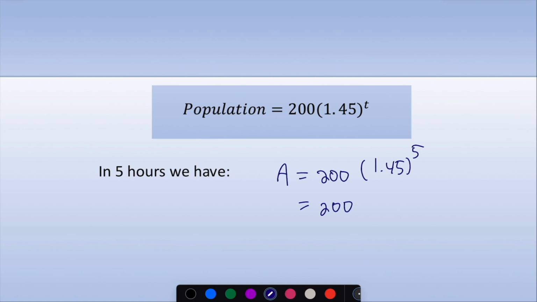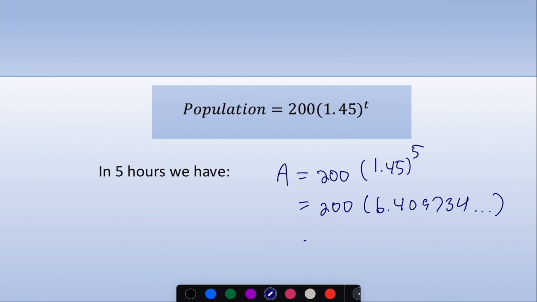So what I would do is I would leave that calculation in the calculator, because my calculator, it's like 6.409734, just leave that calculation right there sitting in your calculator, 1.45 to the fifth, and then hit times 200.